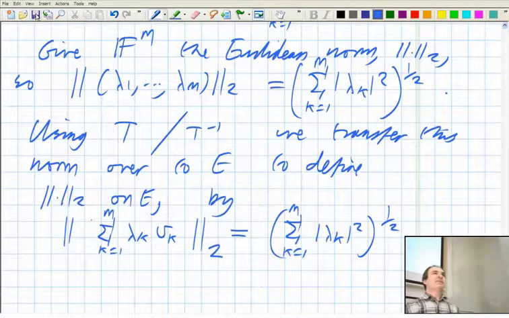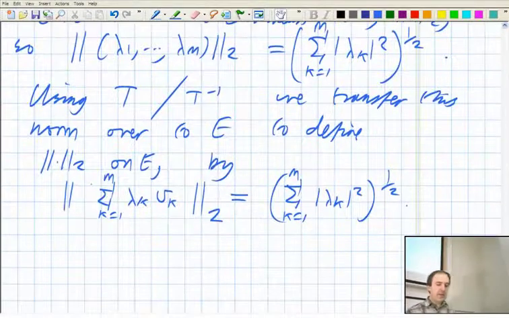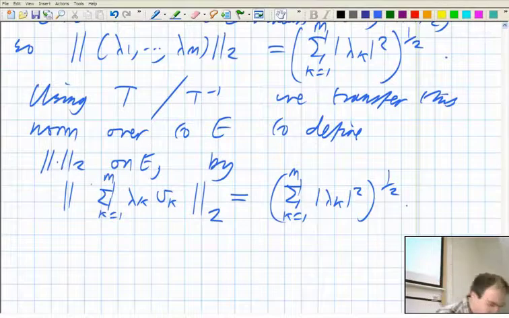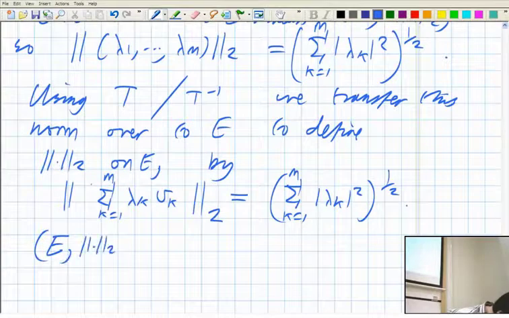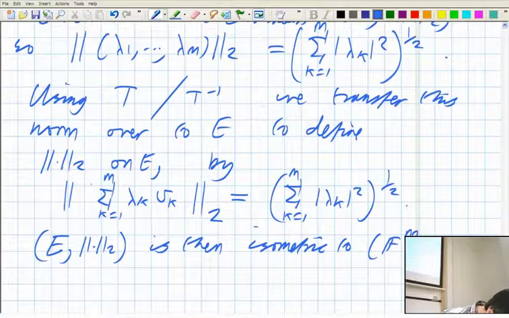So I'm thinking of that as essentially a Euclidean norm, but put on this abstract vector space that doesn't have to have anything to do with the concrete vector space F to the m that you started with. It's just isomorphic to it. But by using this, E with norm 2 is isometric to F to the m with norm 2. Remember, they're different norm 2s, but you can see the relationship.